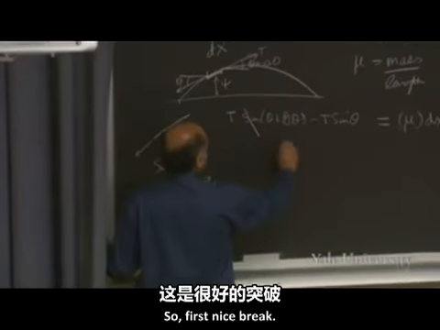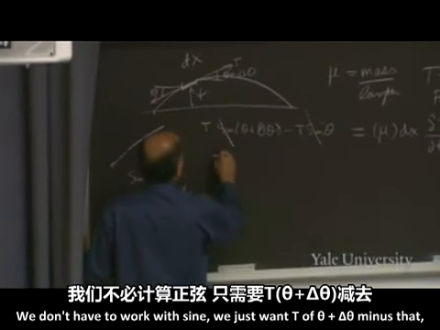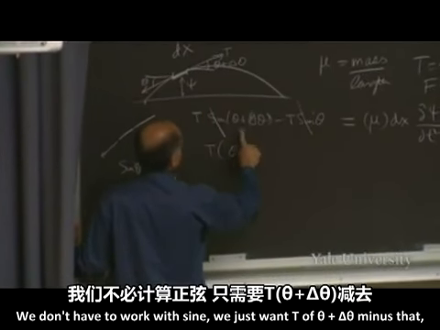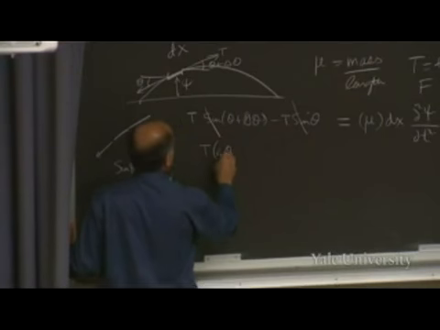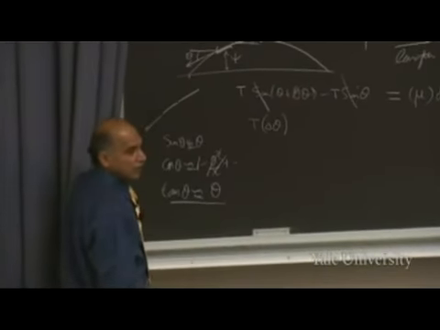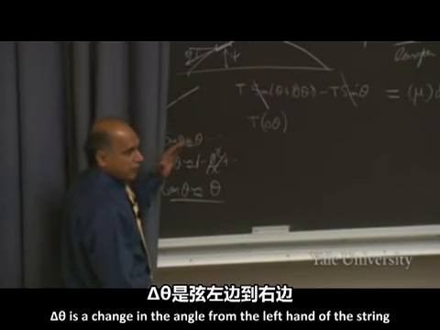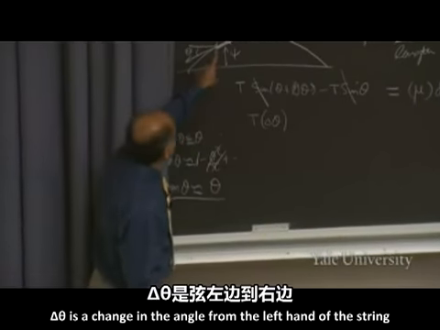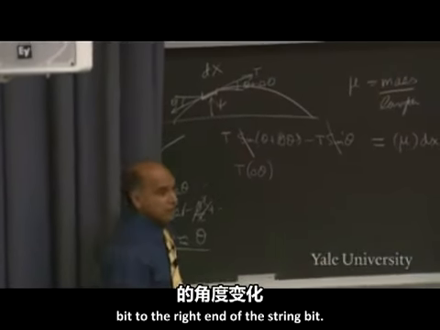So first nice break, we don't have to work with sine. We just want T of theta plus delta theta minus that, which is delta theta. Delta theta is a change in the angle from the left end of the string bit to the right end of the string bit.